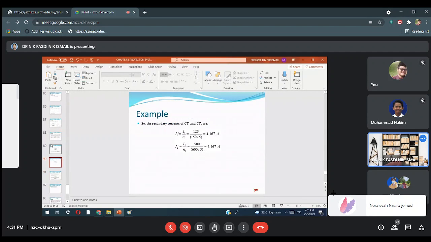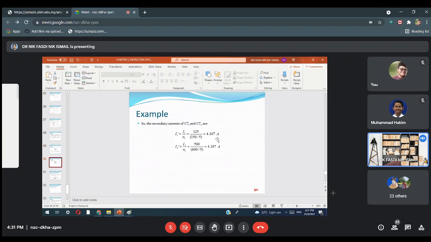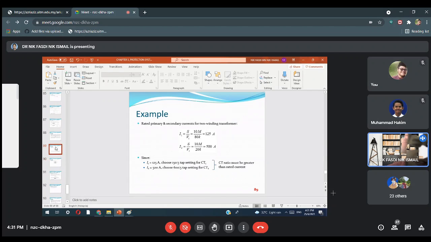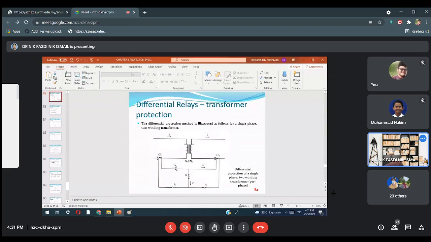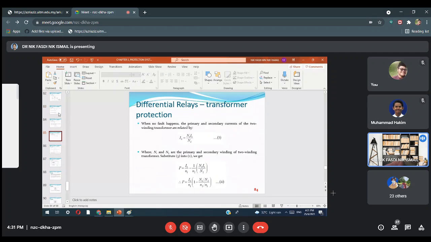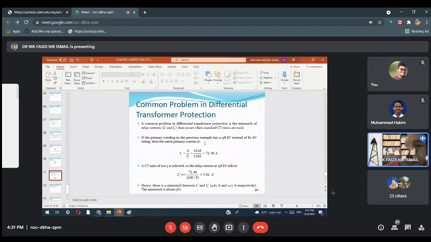In the earlier example, when we choose the suitable CT ratio, this is correct, right? What happens is in this case you get the same value, so there's no mismatch between I1 prime and I2 prime. You understand the concept of the differential relay: it is based on the mismatch between the currents. Meaning if there is a mismatch, it will turn on, it will trip, it will protect. So the issue now is, from the first calculation we did earlier, there is no mismatch, they are the same. Meaning we chose the correct CT ratio. Sometimes there are differences, for example we don't know, so we go one by one.